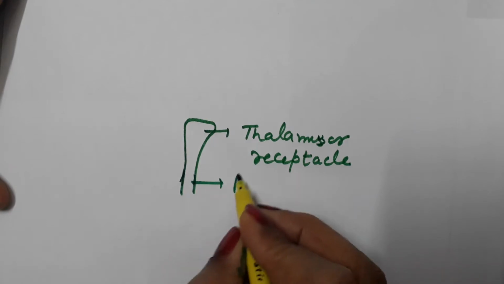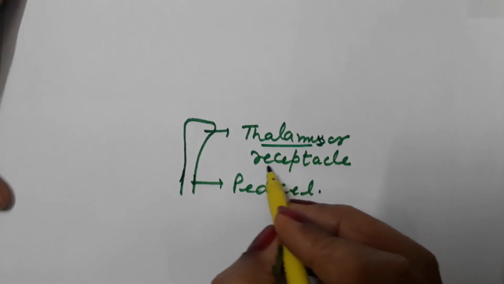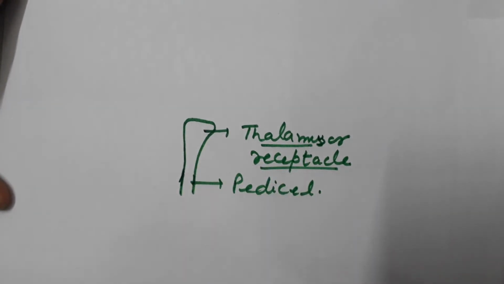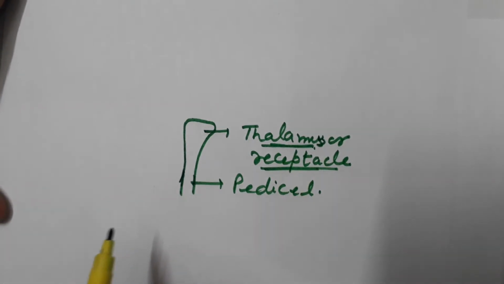Stalk of the flower is known as the pedicel. And what is thalamus or receptacle? That is swollen tip of pedicel is known as the thalamus. We can call it as receptacle.